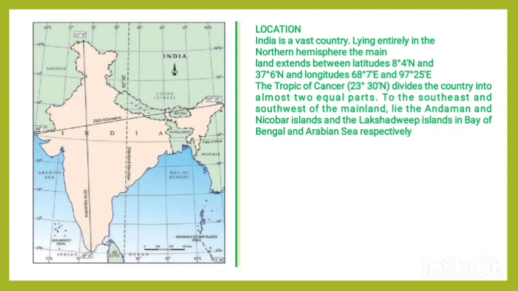And in latitude, it extends from 8 degree 4 minutes to 37 degree 6 minutes. This extension of latitude is basically the mainland of India. Generally, the latitude of our India starts from 6 degree 45 minutes north, which is the southernmost point of our India. That is your Indira Point. But it got submerged due to the tsunami.